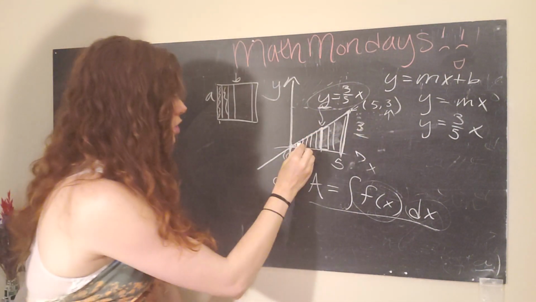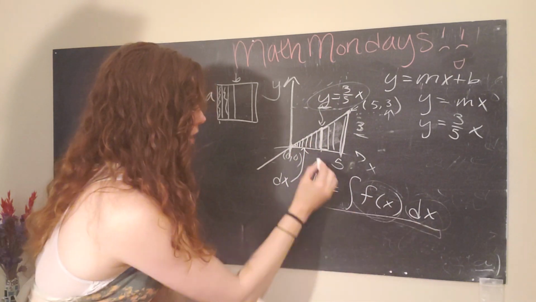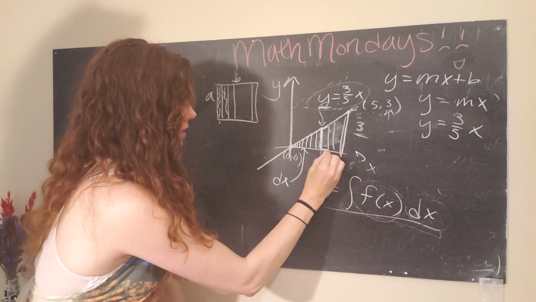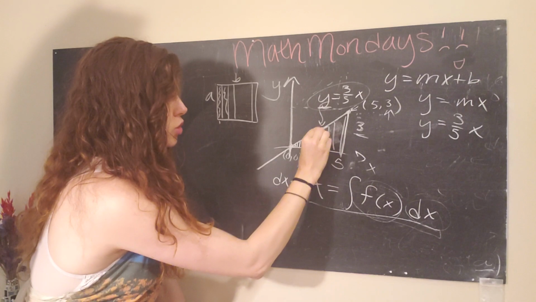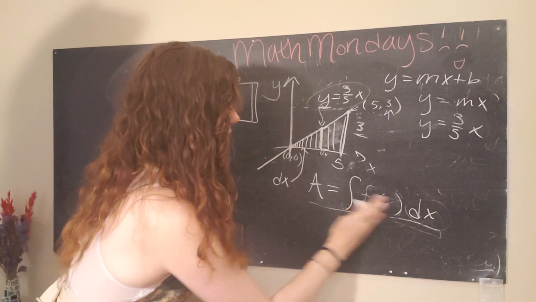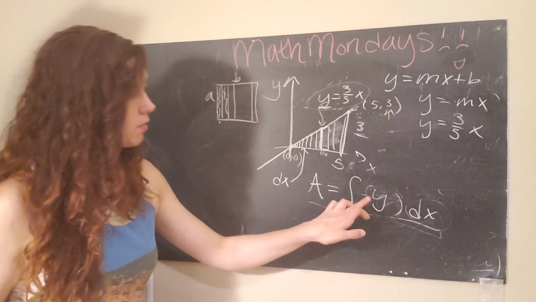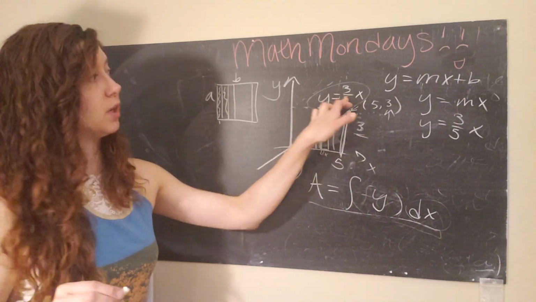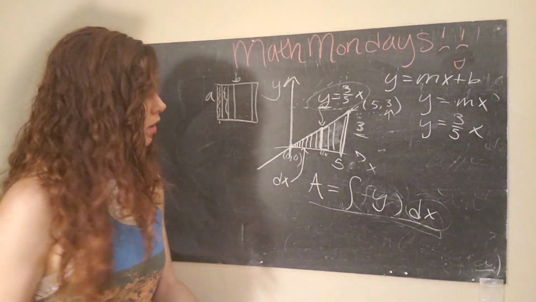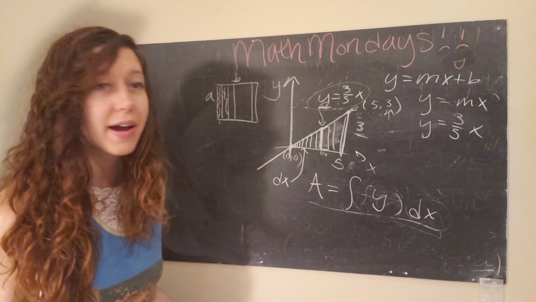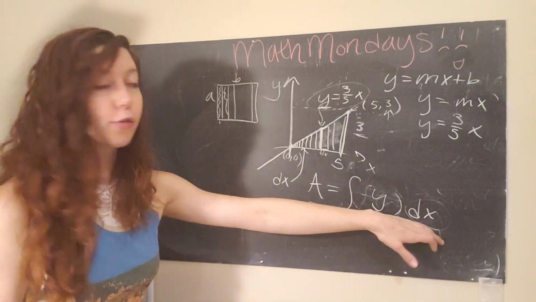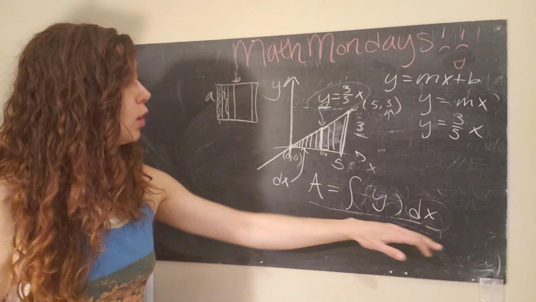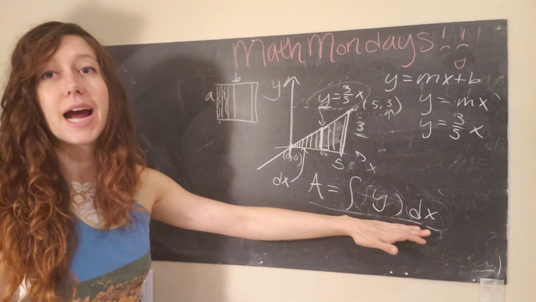That's it. So this equation represents the width, dx, times the height, which is just y. So another way to write this would be y, where y equals 3/5 x. We like to write a function of x because we recognize that if we're going to take the integral, we need to have x in our integral.